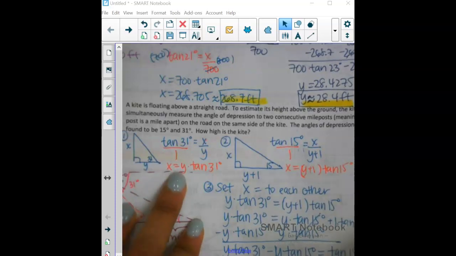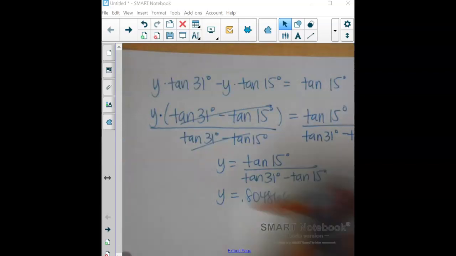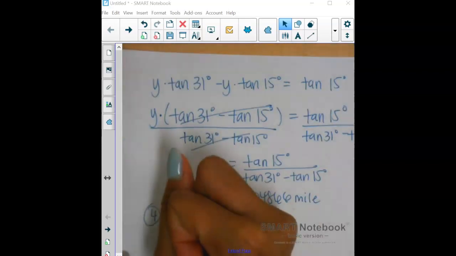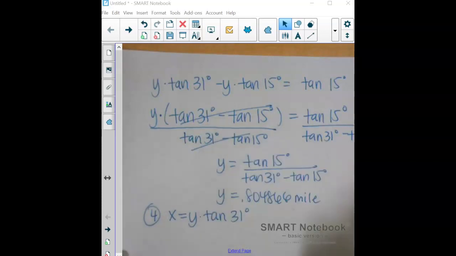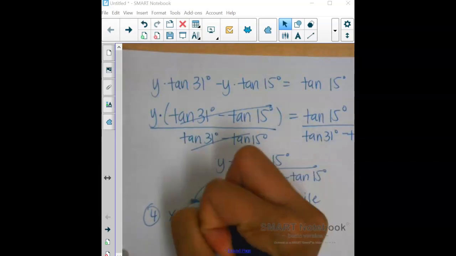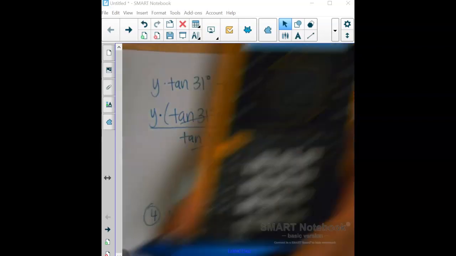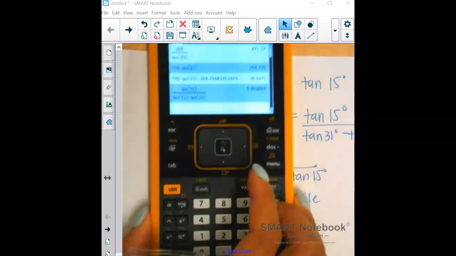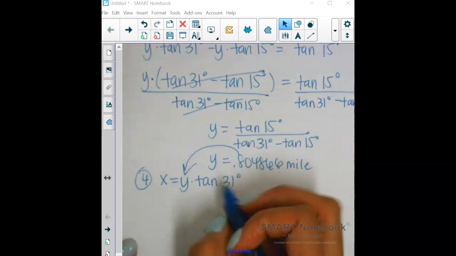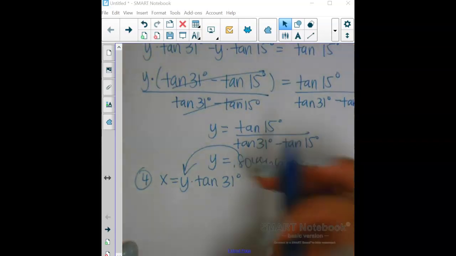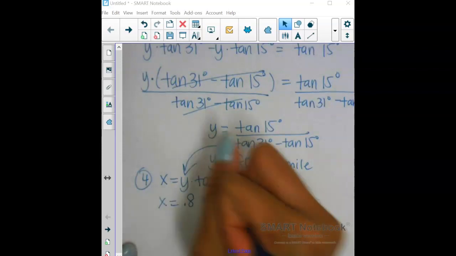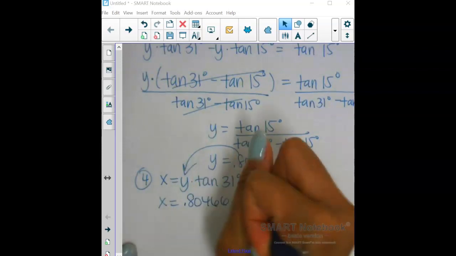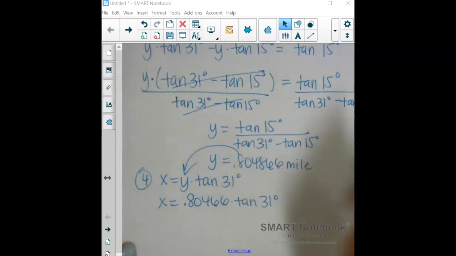So I'm going to recopy this as my fourth step, and I'm going to plug in what I have. My fourth step is x equals y times tangent of 31 degrees. The y value is this. I purposely am using my graphing calculator because we're going to use this whole crazy long decimal and multiply it by tangent of 31 degrees. So x is going to equal 0.80466 times tangent of 31 degrees.